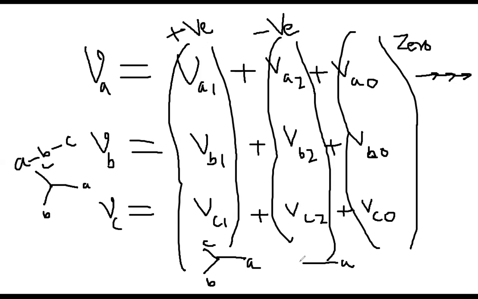This is A, this is C, and then this is B. And then, as I said, the 0 set, you don't need to draw. This is all in the same line. It has 0 phase difference. Accordingly, it is called the zero sequence.